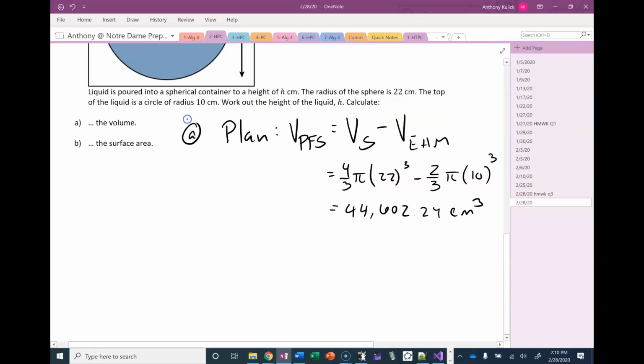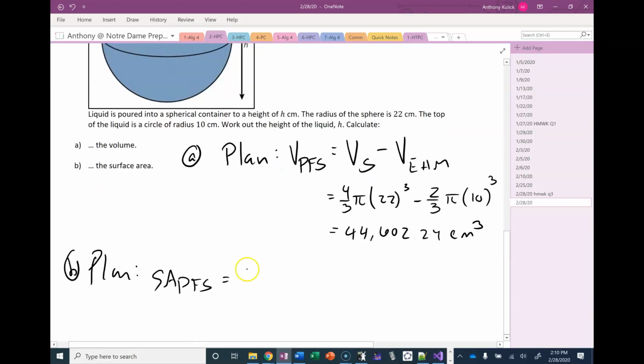So that was for part A. For part B, my plan is the surface area of the partially filled sphere. So I'm going to have the surface area of the sphere minus the surface area of the empty hemisphere with no base.